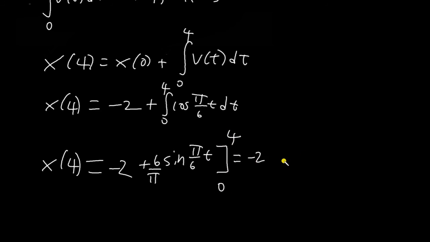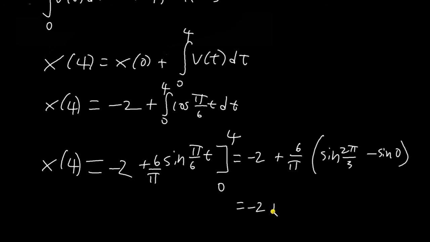So if we plug in 4, we'll get negative 2 plus 6 over pi times sine of 4 pi over 6, which is 2 pi over 3. And then if we plug in 0, we'll just get sine of 0, which is 0, so we just ignore that part.